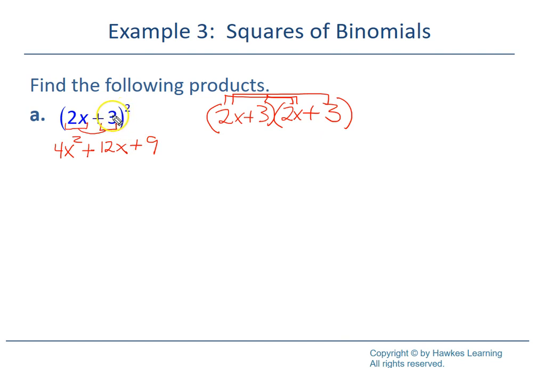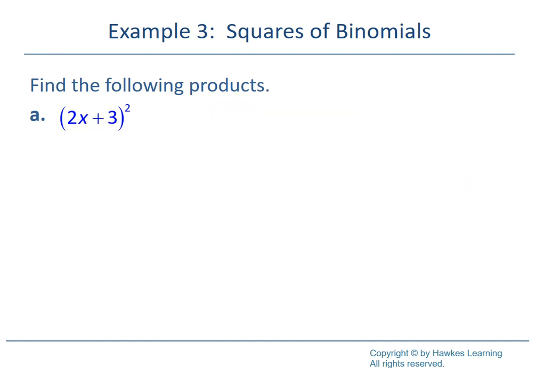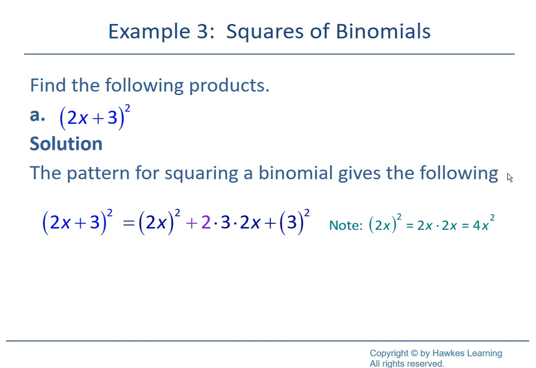And then squaring the last term here, this times this, squaring this gives you the 9. So again, a special product. I really like the way you've done this. So you're squaring the first term. You're doubling, that's the 2 here, doubling the product of these, and then squaring this. And you get that.